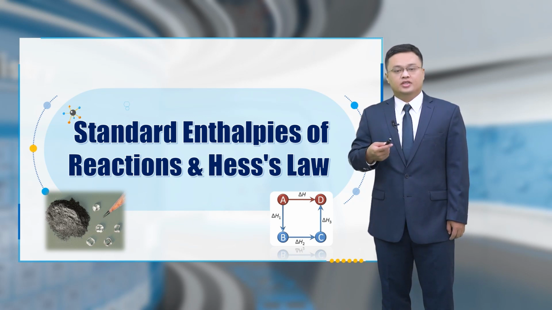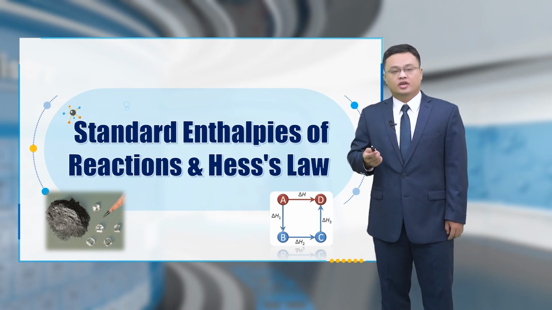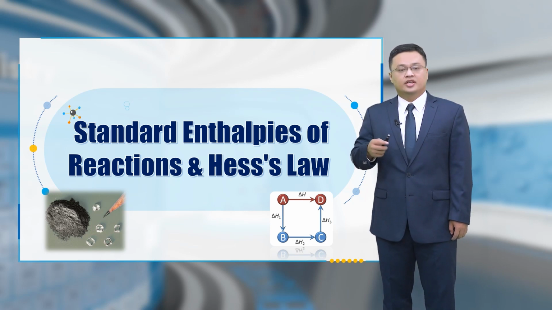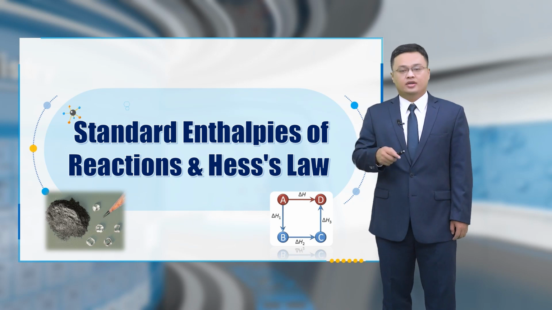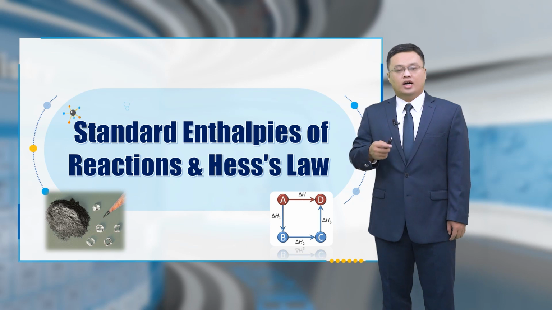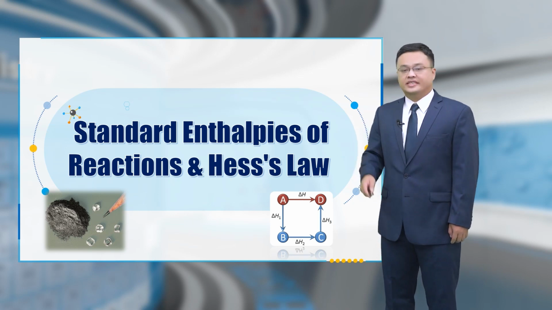If we define a particular state as standard for the reactants and products, we can then say that the standard enthalpy change is the enthalpy change in a reaction in which the reactants and products are in their standard states. This so-called standard enthalpy of reaction is a key part of this session.